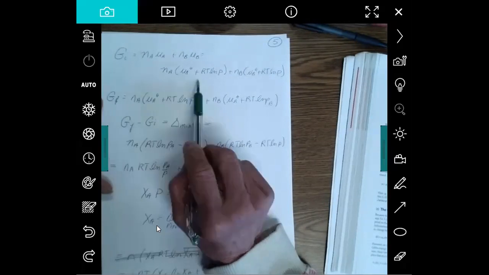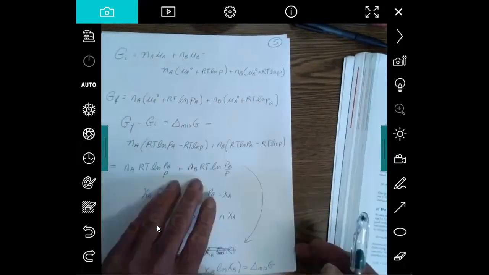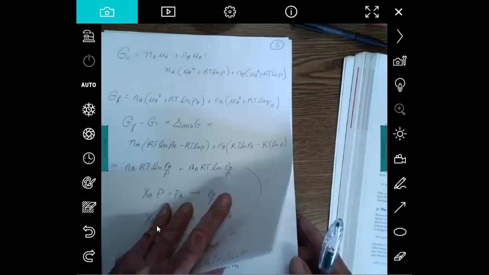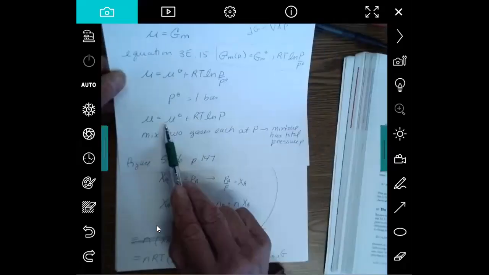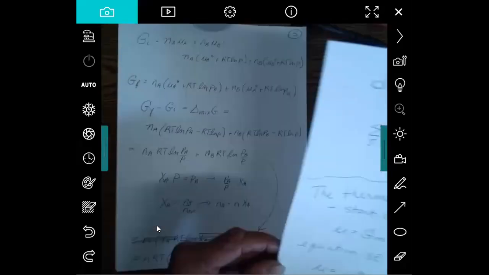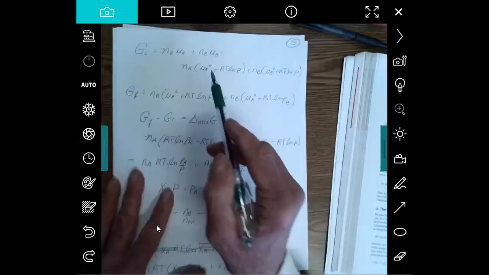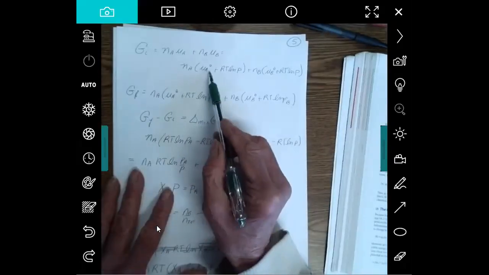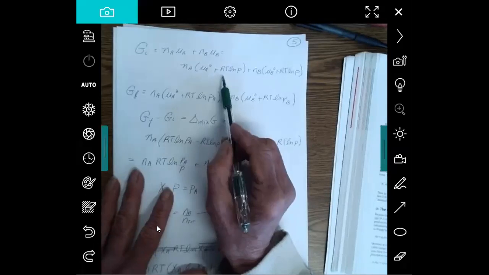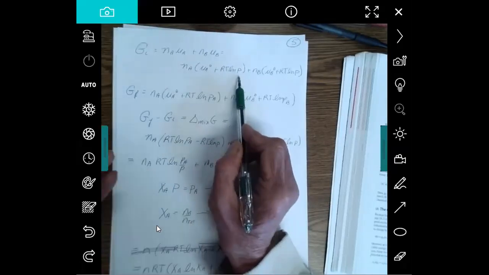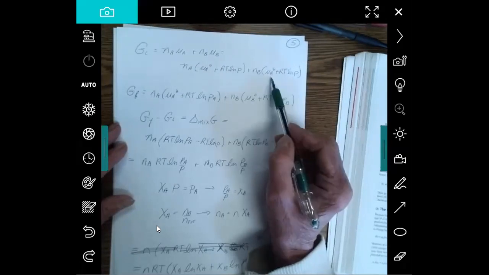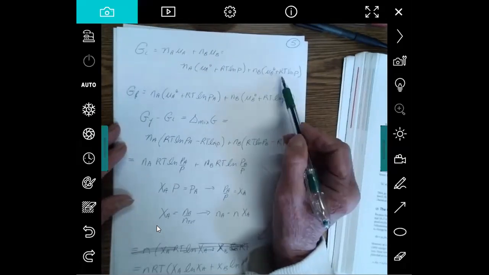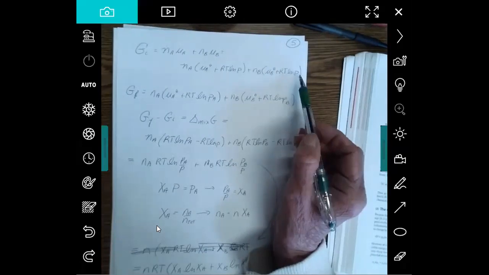If I write that in terms of how chemical potential relates to pressure, I'm going to put this in for each of my gases. So the chemical potential of A is going to be the chemical potential of A if it was at 1 bar, plus RT times natural log of whatever pressure we're at. Same thing for B: chemical potential of B at 1 bar, plus RT ln of whatever pressure we're at.